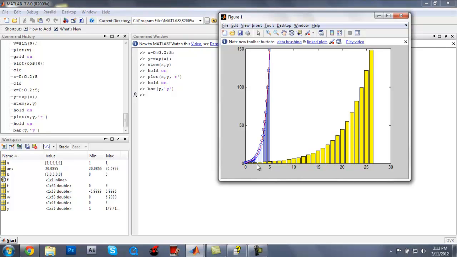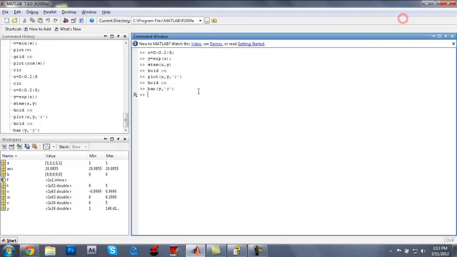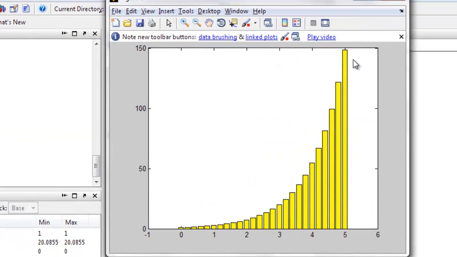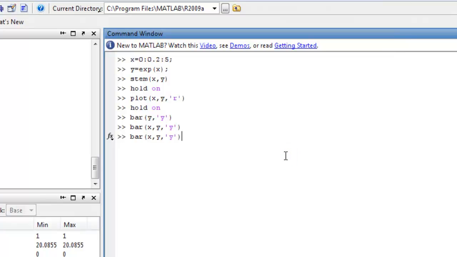Alright, it's giving me values of the bar graph because the bar has some values here. Just hold on, I will give you x comma y, hit enter. Alright, from 0 to 5 it's giving the values.